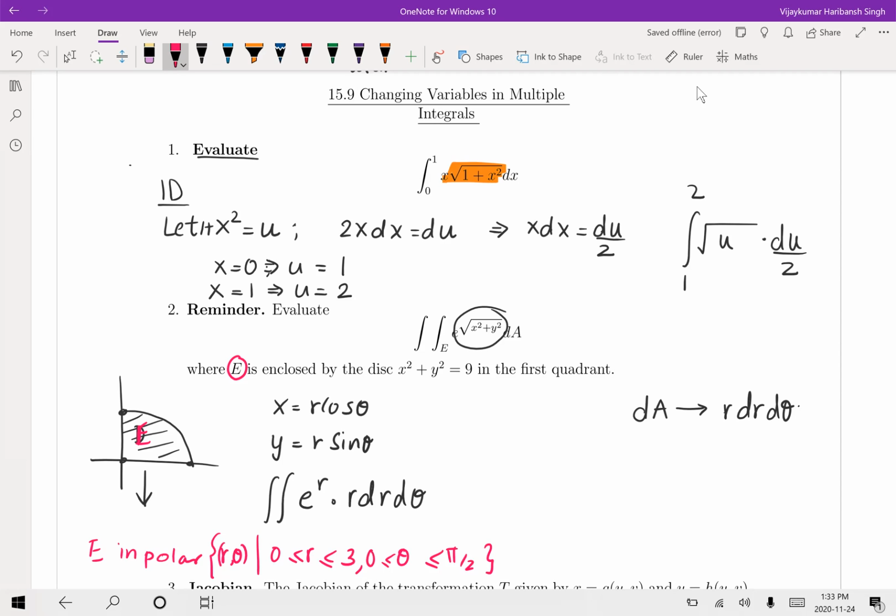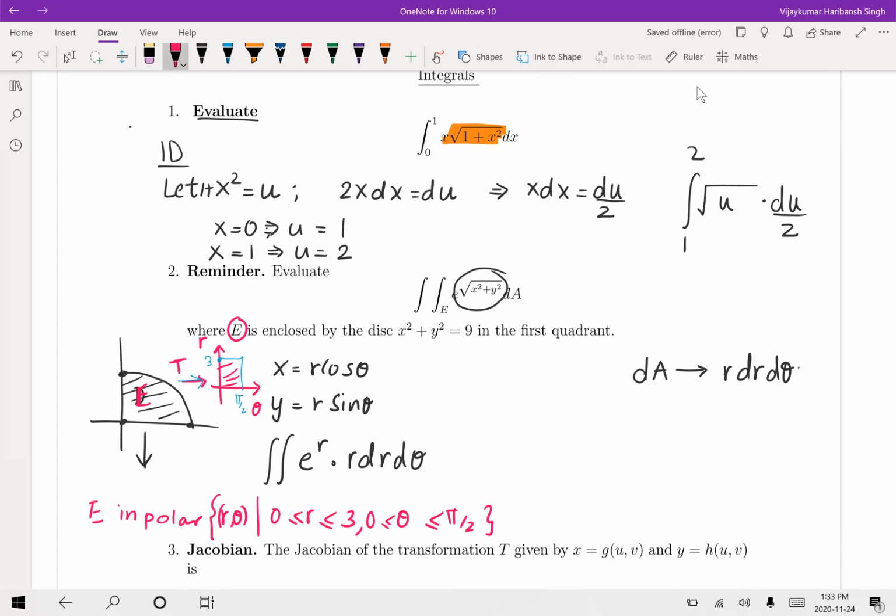So your region E has transformed, in r theta coordinates, into a rectangle with theta up to pi by 2 and r up to 3. So this is your transformation. Let's call this transformation T; you are now integrating over T of E, the region in polar coordinates.